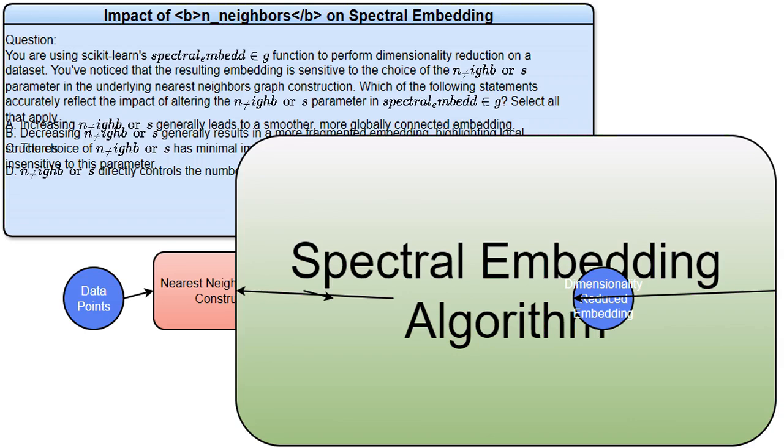Because the algorithm uses the connections in the graph I created with n_neighbors, the resulting arrangement of points in this new space directly reflects the influence of n_neighbors. For example, a large n_neighbors would create a globally cohesive embedding, while a small n_neighbors would lead to a fragmented embedding reflecting only local relationships between points.